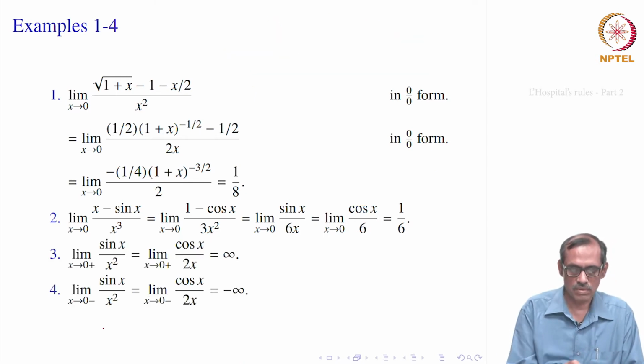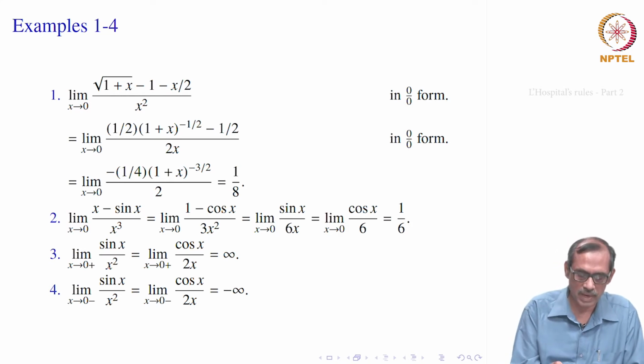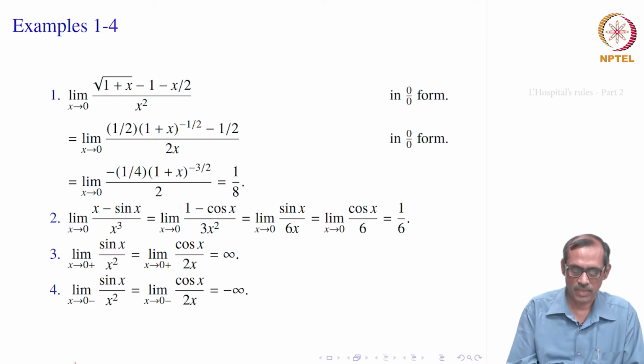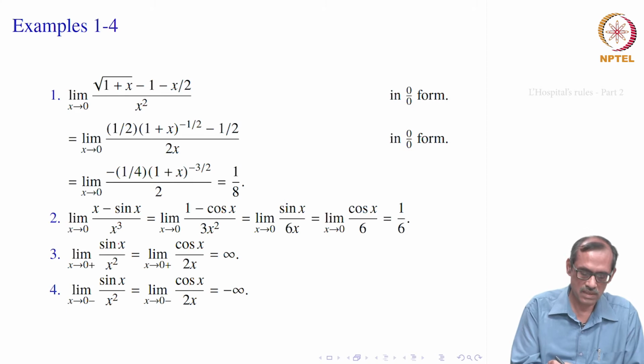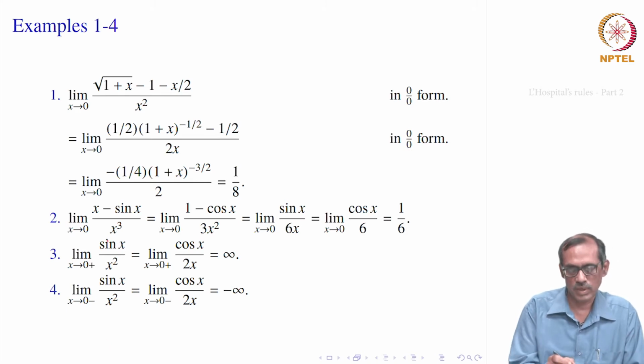Okay. Let us go to the third problem. It says to evaluate the limit of sin x by x squared as x goes to 0 plus. We are interested in the one sided limit only. So, again it is in 0 by 0 form. So, you differentiate the numerator and the denominator; the numerator gives cosine x, the denominator gives 2x.